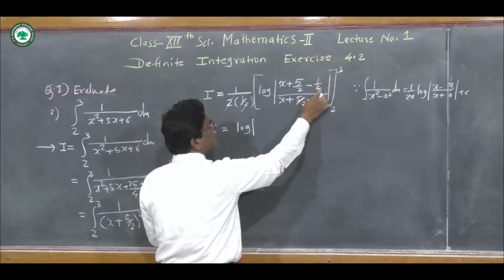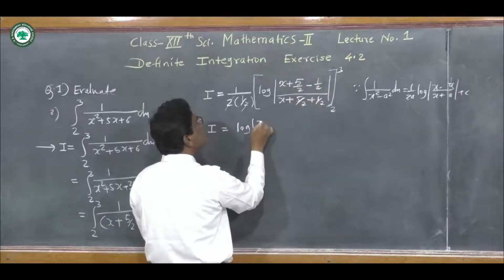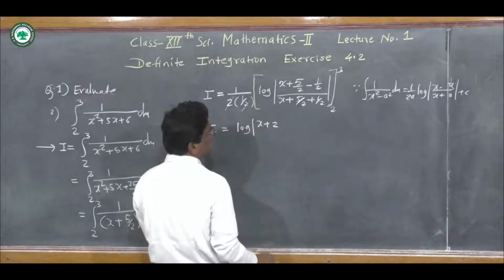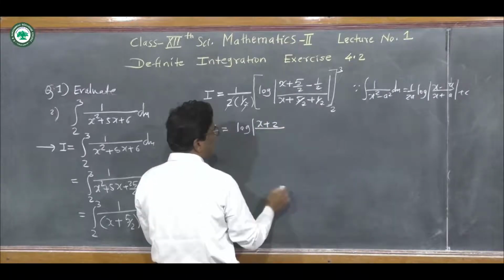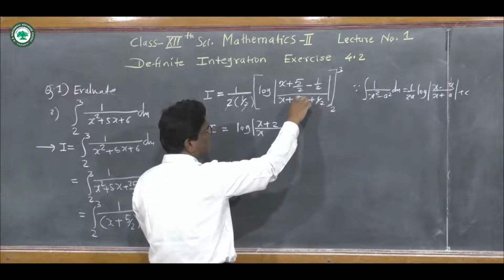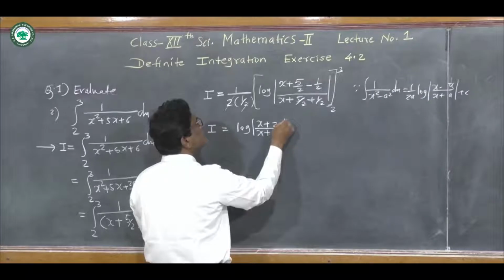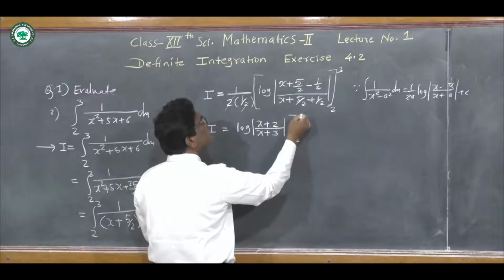Denominator is same, so take here subtraction, 5 minus 1, that is 4. 4 upon 2 is 2. So x plus 2 divided by, here x as it is, here also denominator same. So add the numerators, 5 plus 1, that is 6 upon 2, it is 3. And from 2 to 3.